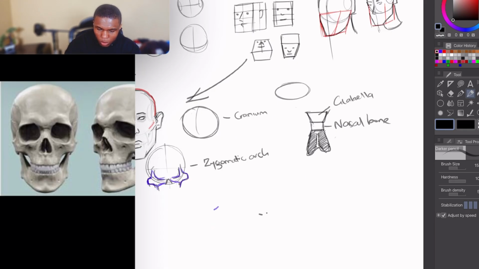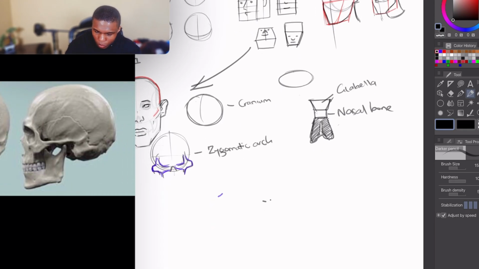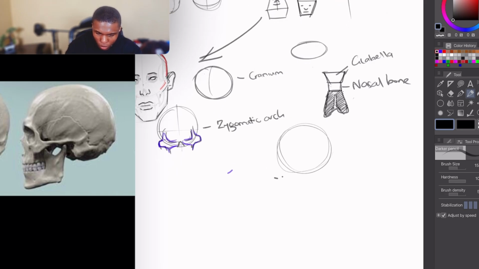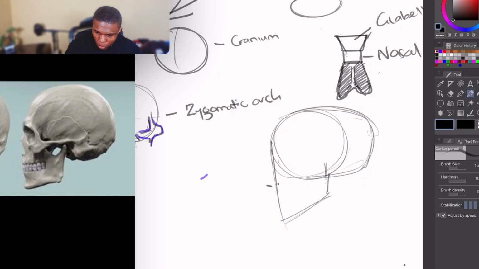It is important because when you look at it from the side view, you're going to see how it pokes out like this, and it's going to help with drawing, attaching the rest of the nose when you are drawing. This here is our zygomatic arc.